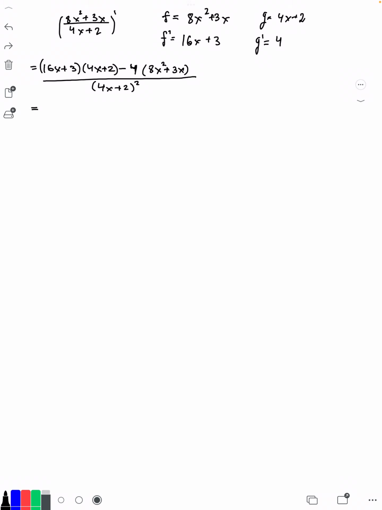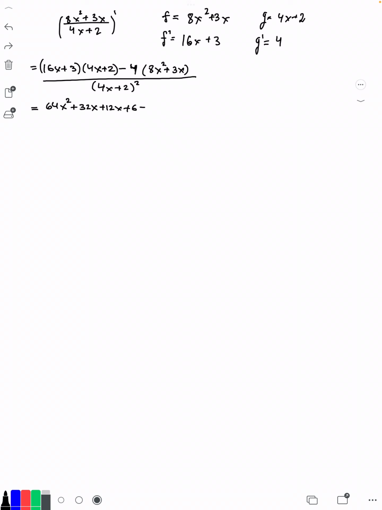Now we can start opening it up. We're gonna have 16x multiplied by 4x, which will result in 64x to the power of 2, 16x multiplied by 2, which will result in plus 32x, 3 multiplied by 4, plus 12x, 3 multiplied by 2, plus 6.